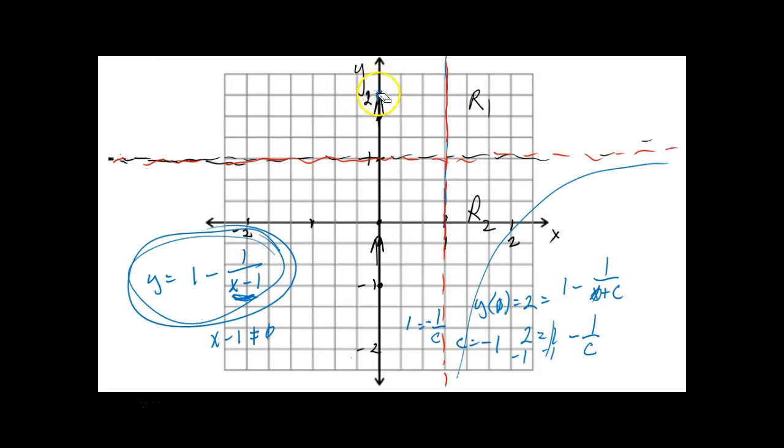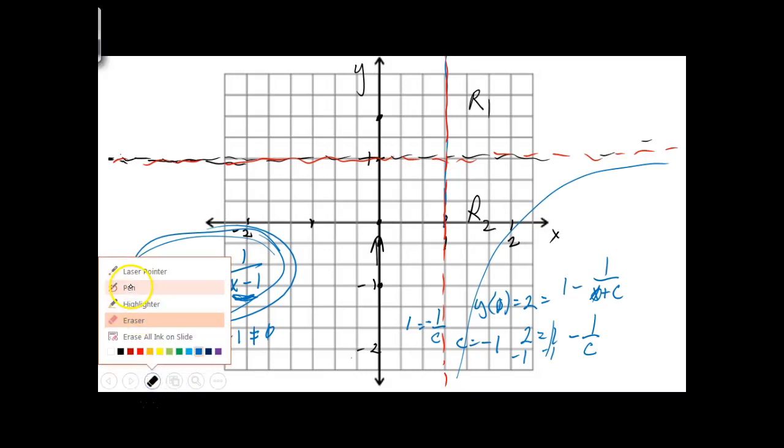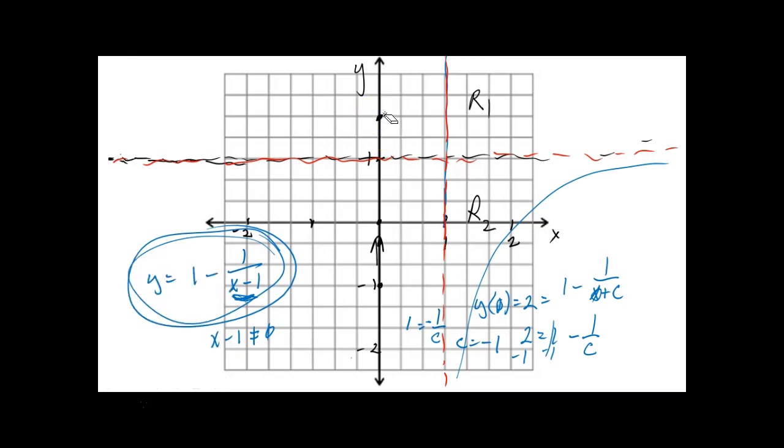Okay. Whoa! All right. I guess I'll stay with the eraser. Clean up the whole works here. Oh, we could have left that one. Okay, I'll get rid of this.